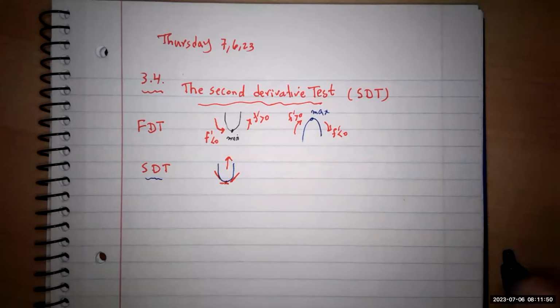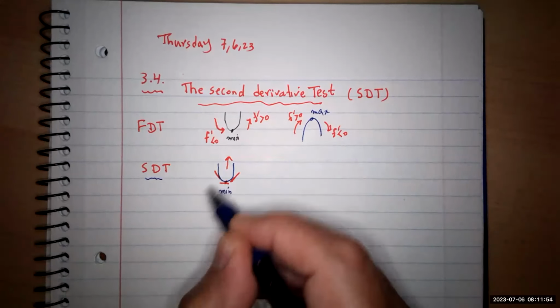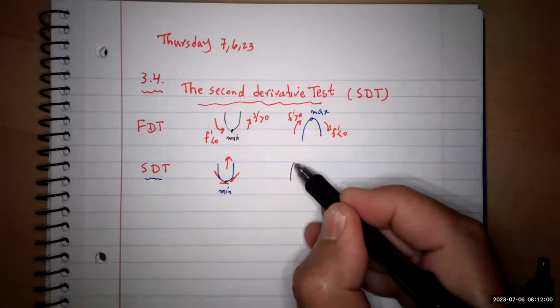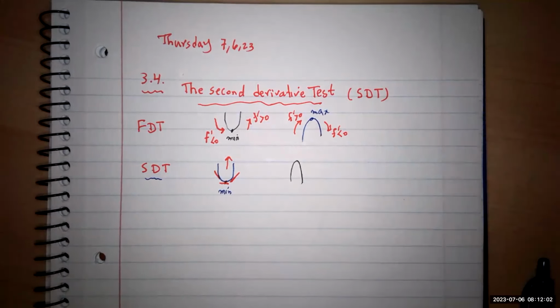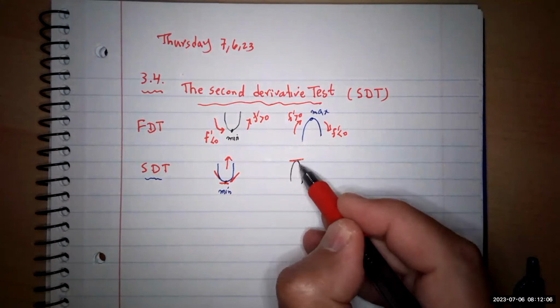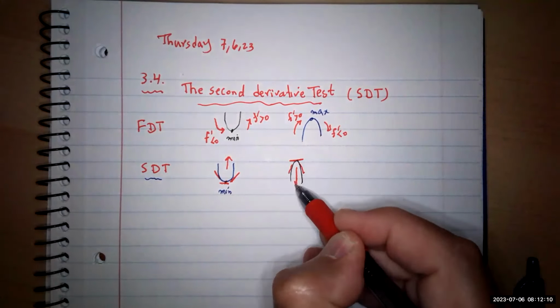This is going to be your minimum again. So we look at the concavity, if you like. And it's going to be the same for the other case. If you consider this graph, and if you check any tangent line here, your graph is going to be below its tangent line.